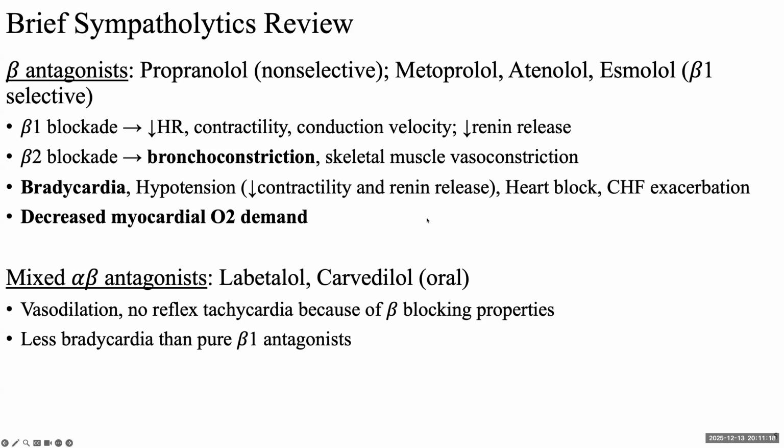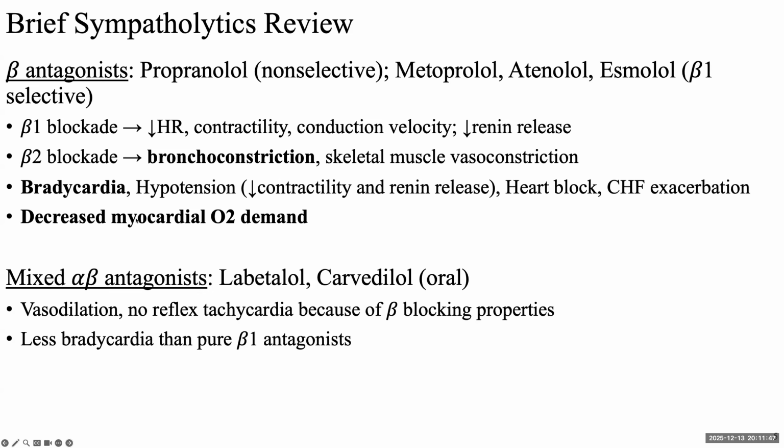All right, now for beta antagonists, we have propranolol, which is our prototype non-selective beta blocker. And then we have metoprolol, atenolol, esmolol. These are all beta 1 selective agents. So again, with beta 1 blockade, you'll reduce heart rate, contractility, conduction velocity. You'll also reduce renin release. Now with beta 2 blockade, we get other effects such as bronchoconstriction and again, skeletal muscle vasoconstriction.